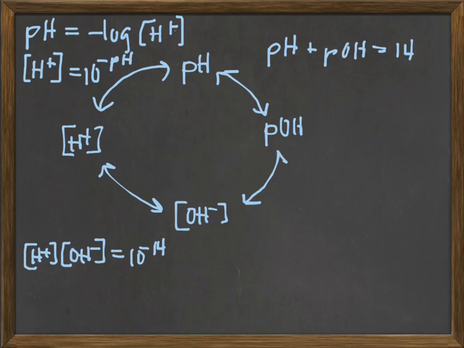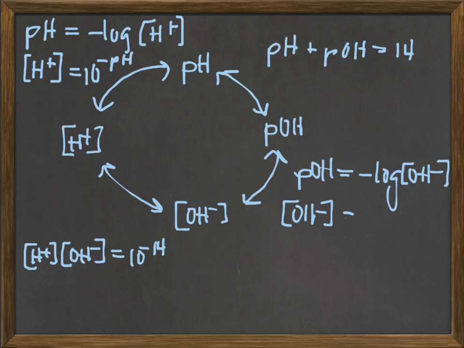And then this is analogous: pOH equals the negative log of the hydroxide ion concentration, and the hydroxide ion concentration equals 10 to the minus pOH. Isn't that beautiful? I love that. So this is the circle. Given one of these quantities in the circle, pH, pOH, hydroxide ion concentration, or hydrogen ion concentration, you can calculate all the others.